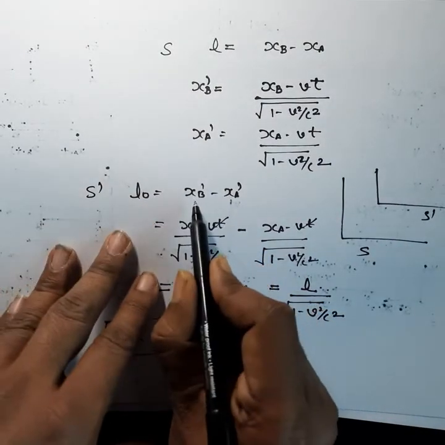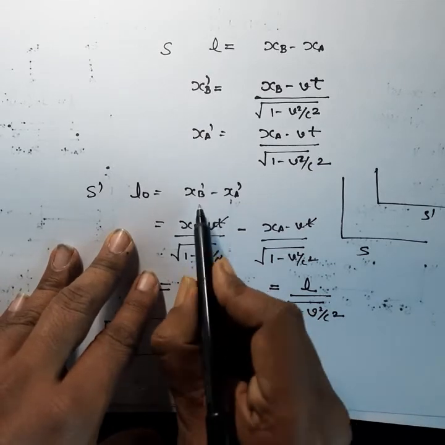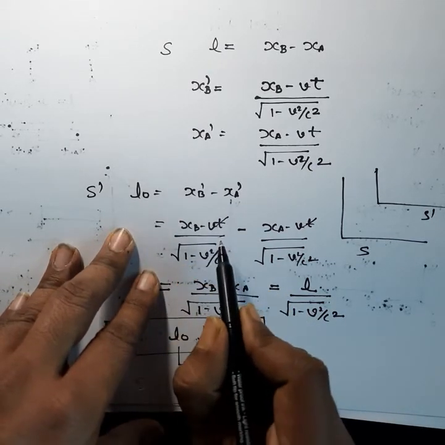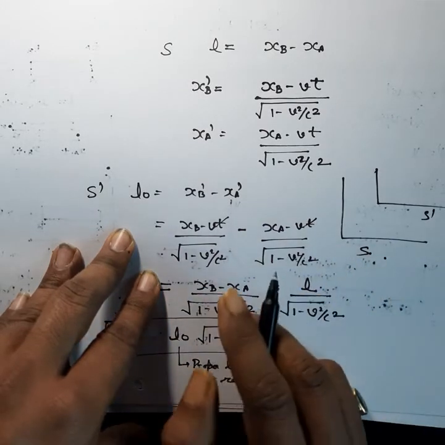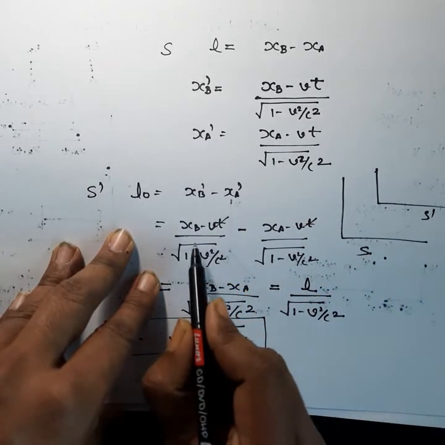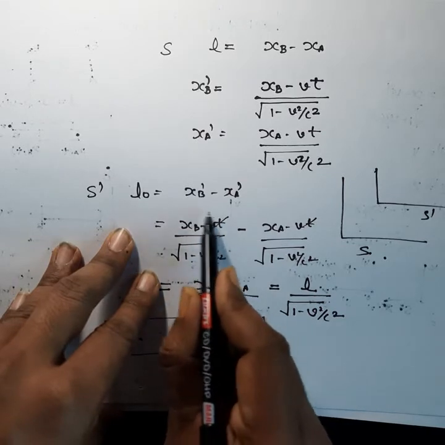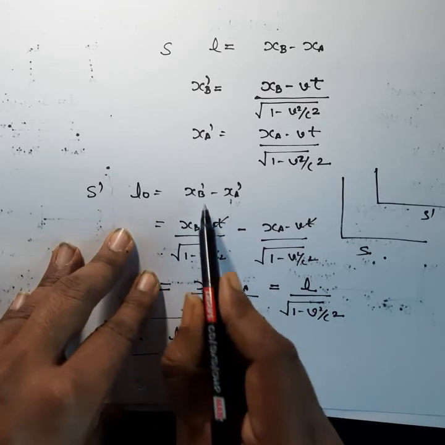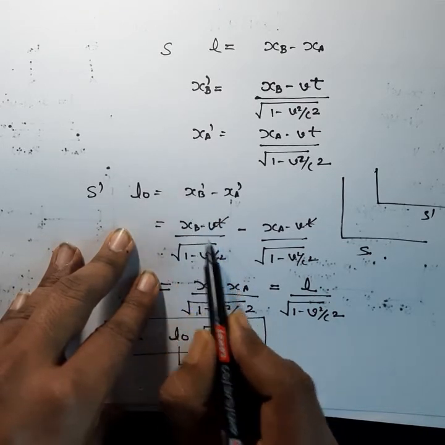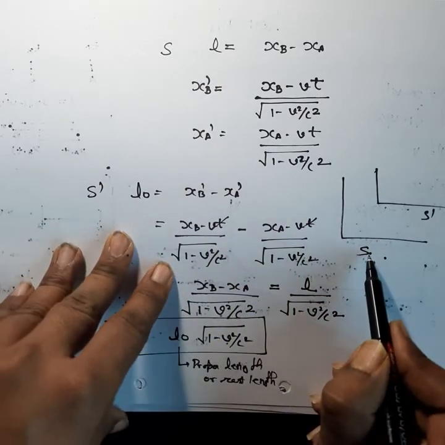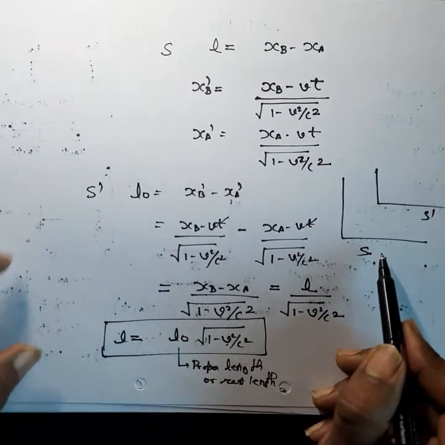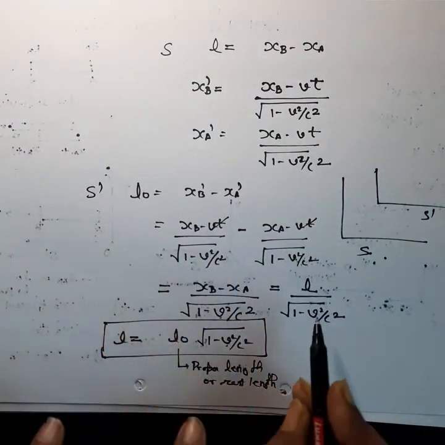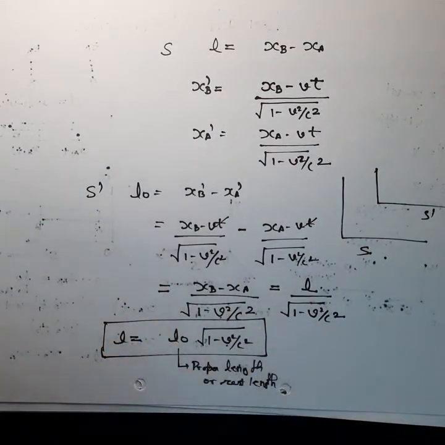Then you can express xb dash in terms of the observations made by the S frame of reference using the Lorentz transformation equation. So we have used the Lorentz transformation equation to write xb dash in terms of the coordinates of the observations made by the observer of the S frame of reference. So when you do the calculation, you will get this expression. This is our length contraction formula.